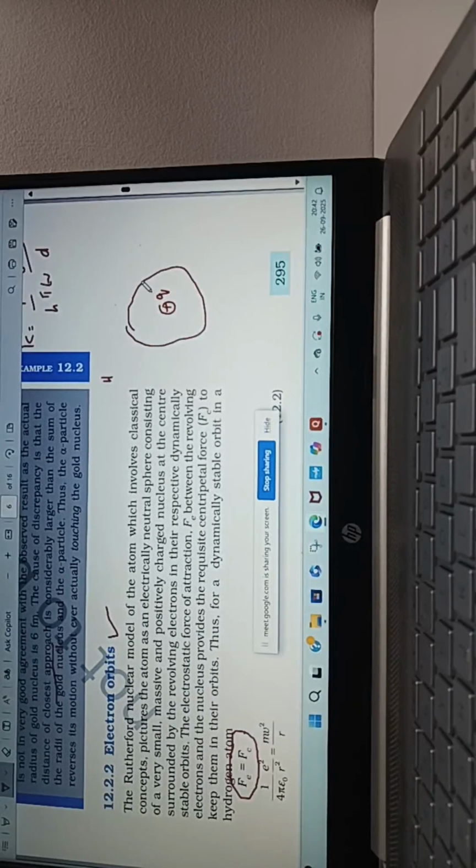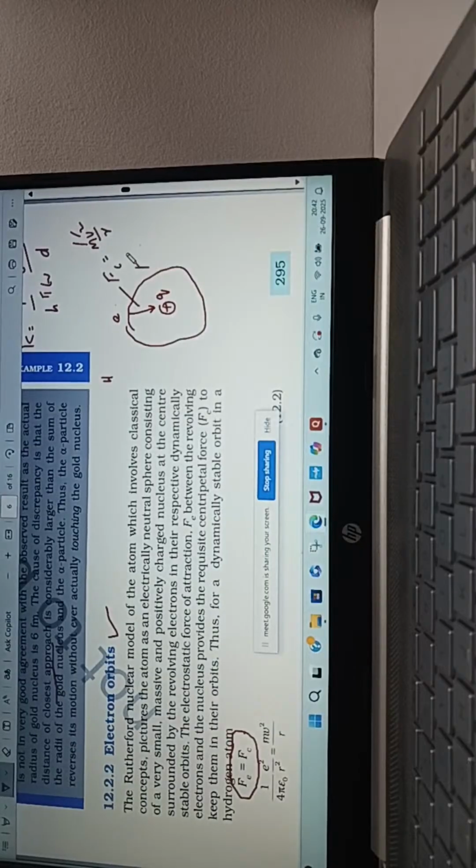Electron is moving. I have not made a circle, please excuse me for that. The force which is pushing it is called centripetal force, Fc. That value is equal to mv square by r. m is the mass of the electron, v is the speed of the electron, and r is the radius of the orbit.